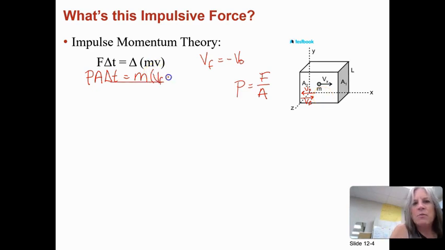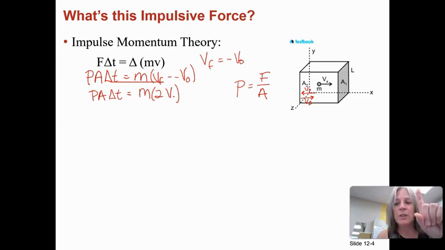It's always final minus initial. Minus the initial, right? Which, if these are equal, means that we have our pressure times our area times delta T is equal to m times 2v, the velocity of a molecule in the container. And of course, there's lots of molecules, so we would multiply that by the number of molecules.